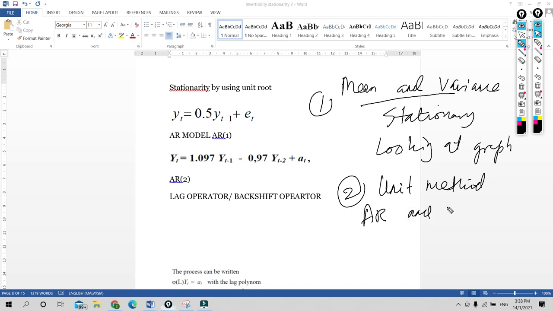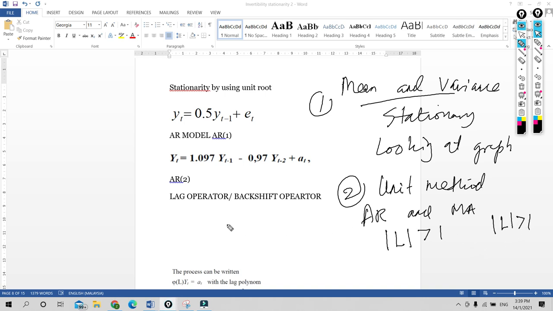Now, for the unit root method, for the AR model and MA model, we need the factor of the lag operator, and the absolute value of L must be greater than or equal to 1. Also for MA, L must be greater than or equal to 1.